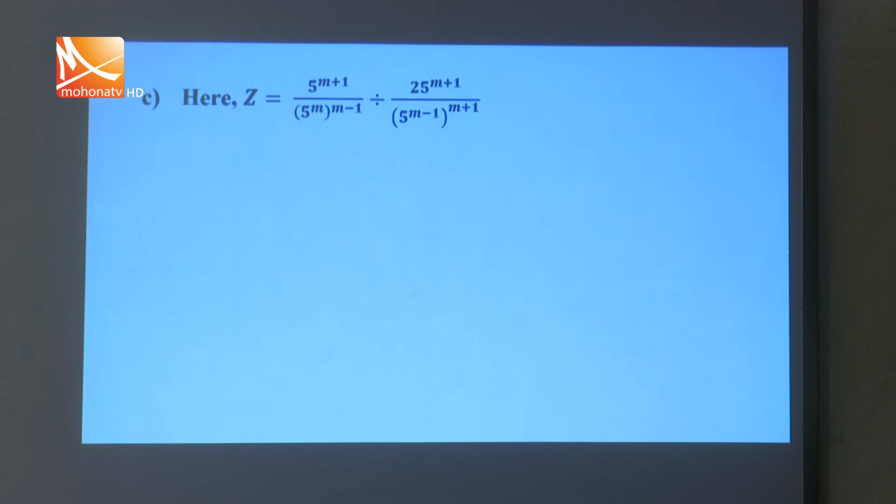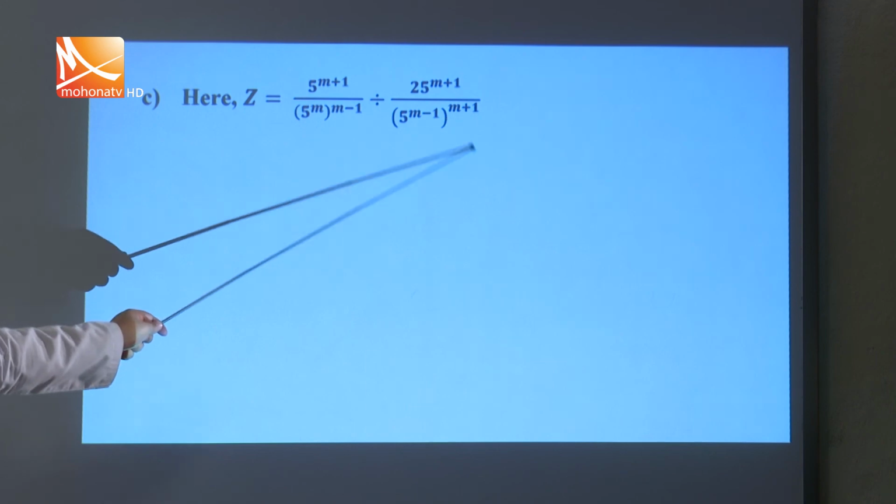Let us see what is in our question number C. So, in question number C we have z equal to (5 to the power m plus 1 divided by 5 to the power m) whole to the power m minus 1, divided by (25 to the power m plus 1 divided by 5 to the power m minus 1) whole to the power m plus 1.